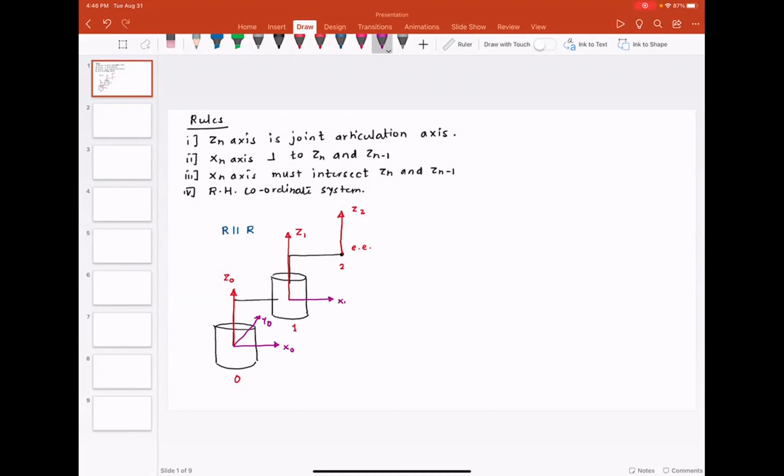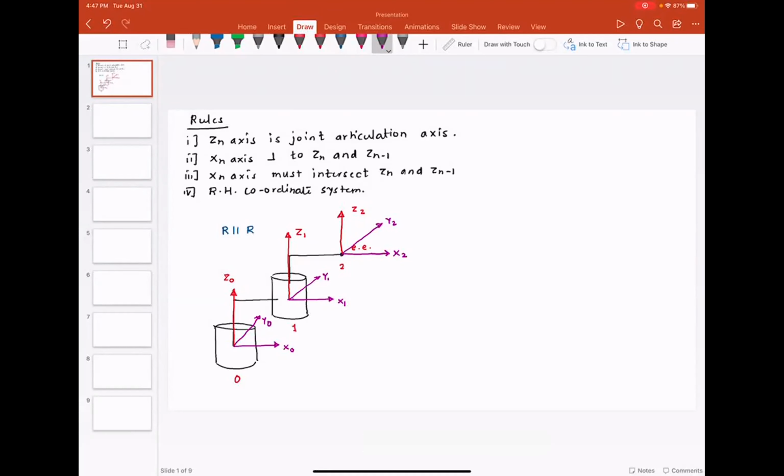Here, X1, Y1. And here, X2 and Y2. Any questions about the frames? This is the most important step when we are going to solve the forward kinematics problem.